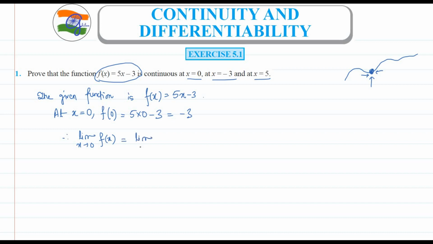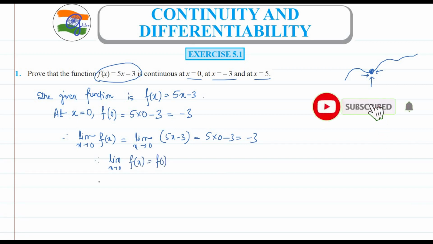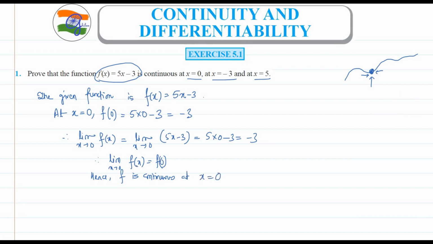So this is equal to limit of x tends to 0, 5x - 3, that is equal to 5 times 0 minus 3 equal to -3. It is a plain polynomial function, so the limit can be extracted very easily. So therefore limit of x tends to 0, f(x) is equal to f(0). Hence we can conclude that f is continuous at x equal to 0.